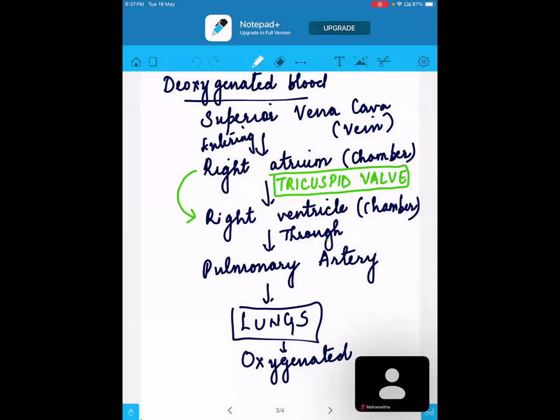Is it done, children, with this flowchart? Yes, ma'am. Others, Ronit, Jashvita, Nandini, is it done? Pradeep, it is done? Ma'am, one minute, ma'am. Okay, okay, I'll just wait then.